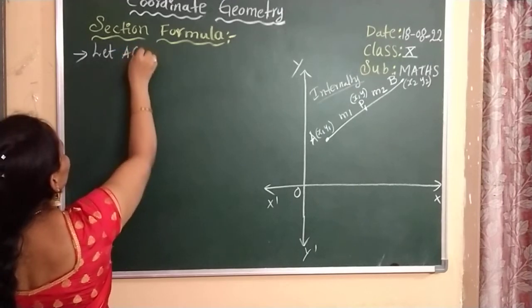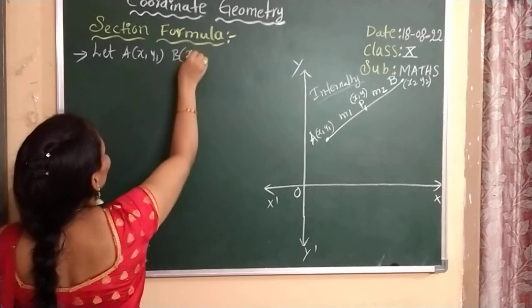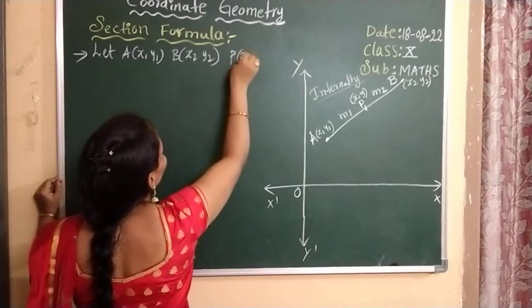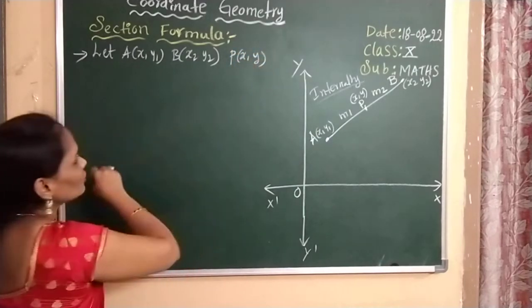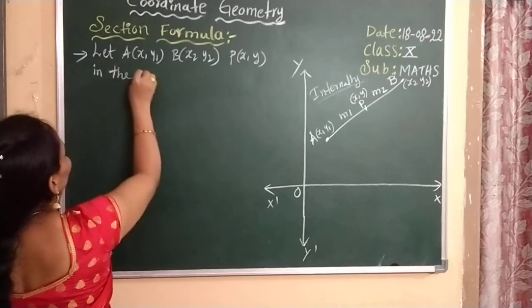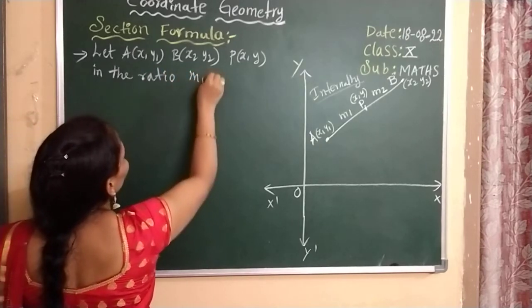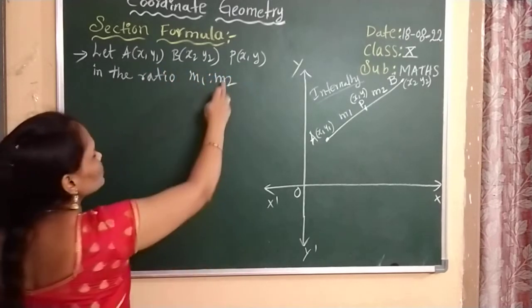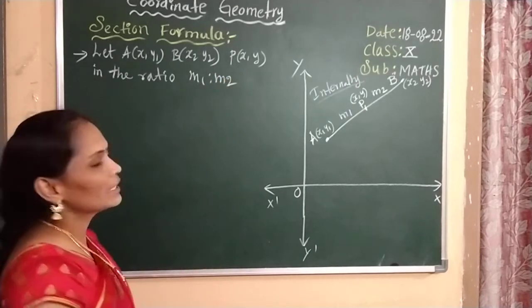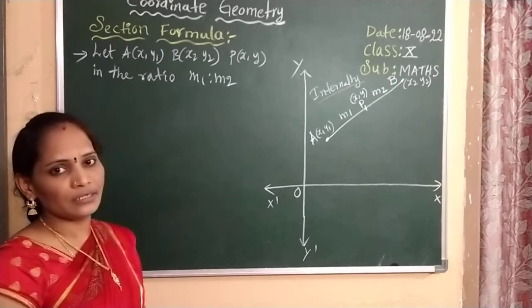Let A be (x1, y1) and B be (x2, y2), and point P is dividing line segment AB in the ratio m1 is to m2. Point P divides AB in the ratio m1 is to m2 internally.